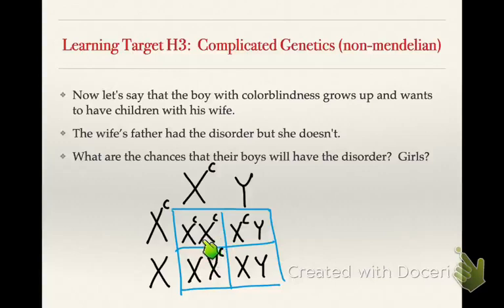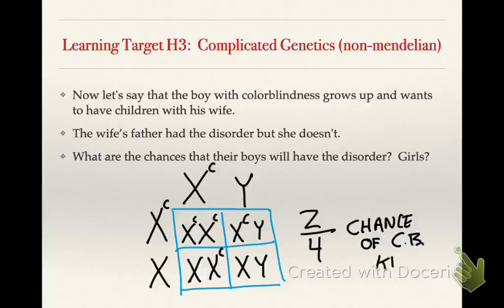You could make a girl that's broken on both her X chromosomes. So for this couple, the odds are 2 out of 4 chance of colorblind kids.